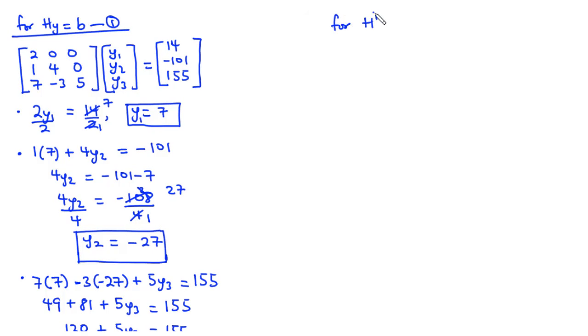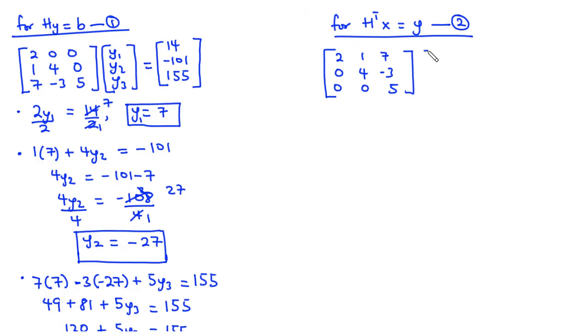For H transpose x equals y, which is equation 2, we are going to have [2 1 7; 0 4 -3; 0 0 5] times [x1 x2 x3] equals the values of y, that is we have y1 7, y2 negative 27, y3 that is 5.